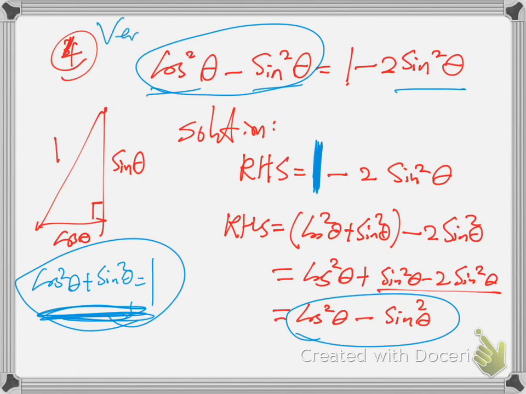So the left hand side is equal to the right hand side now, and that's the identity. Now we have two things you need to remember to verify the identity. First you change everything to sine and cosine, and then if there's a second power, consider the Pythagorean identity: cosine squared plus sine squared is 1.